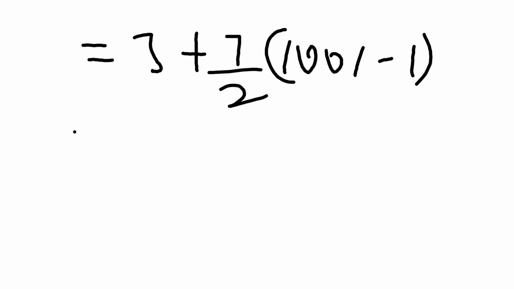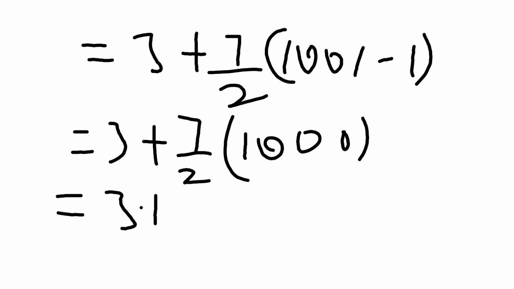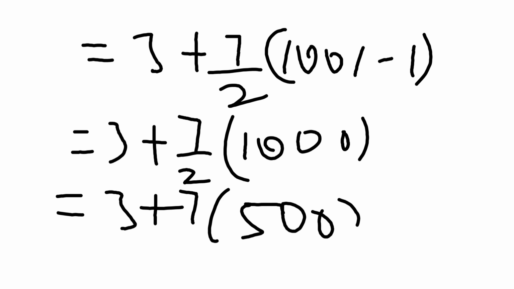And this is equal to 3 plus 7 over 2 into 1001 minus 1, which is 1000. So then this is equal to 3 plus 7 times 1000 over 2, which is 7 times 500, because 1000 divided by 2 is 500.